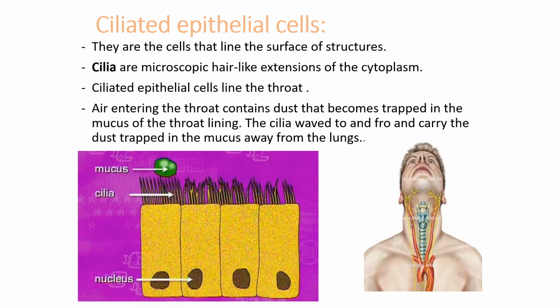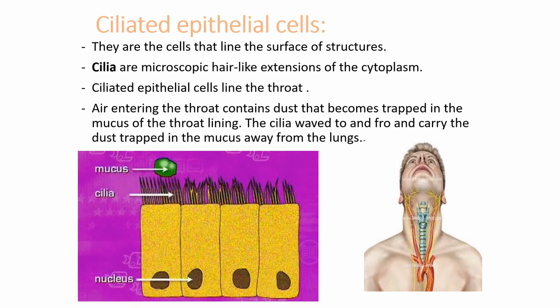Cilia, grade 7, are microscopic hair-like extensions of the cytoplasm. We can't see them with our eyes, only under the microscope. You feel as if they are part of the cytoplasm, just extensions of it.